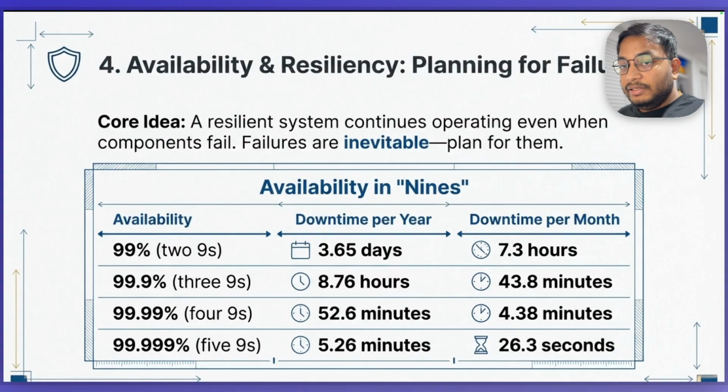And if your system has 99.99% availability in a year, that means your system fails just for 52.6 minutes per year and about 4.38 minutes per month. And if there are five nines, you can think about 5.26 minutes of downtime per year, and only 26.3 seconds allowed to be unavailable for a month.